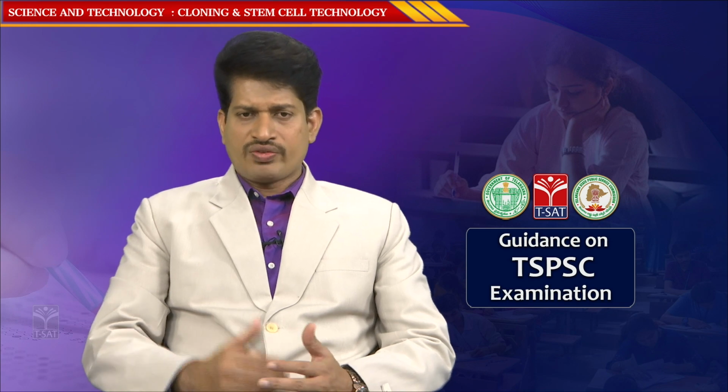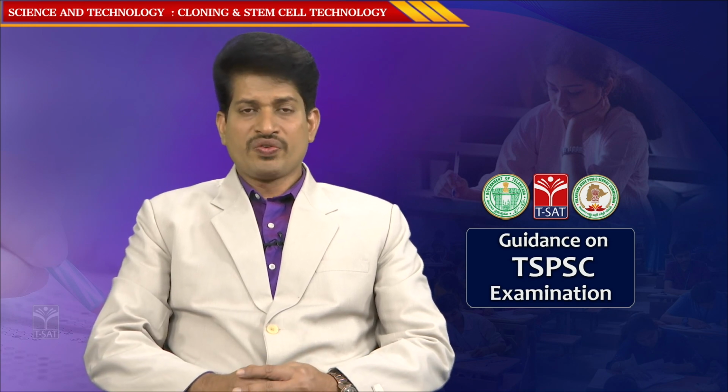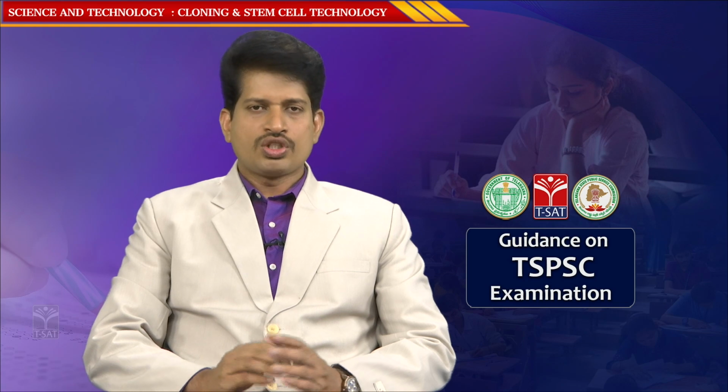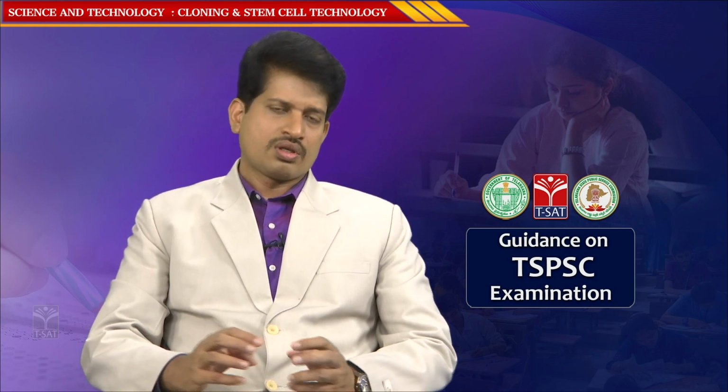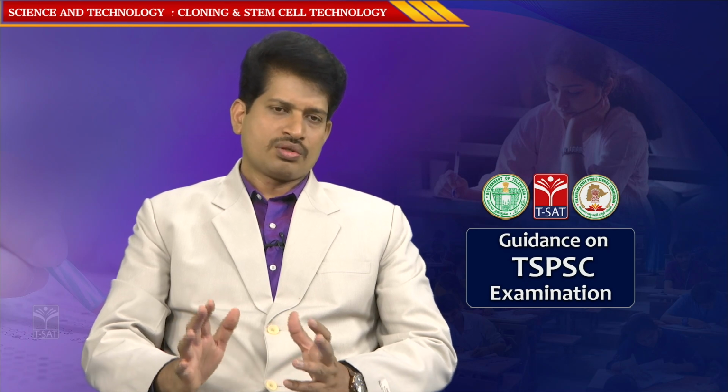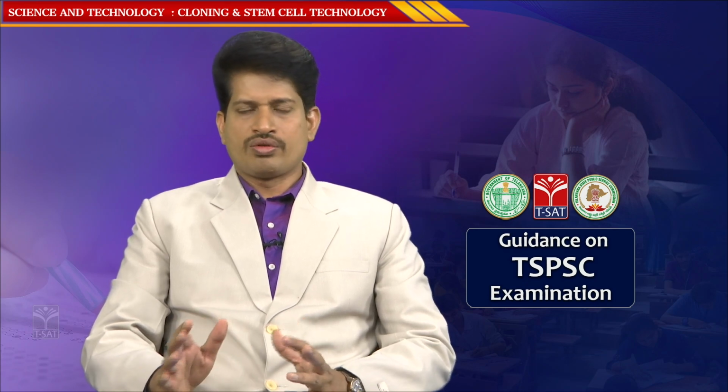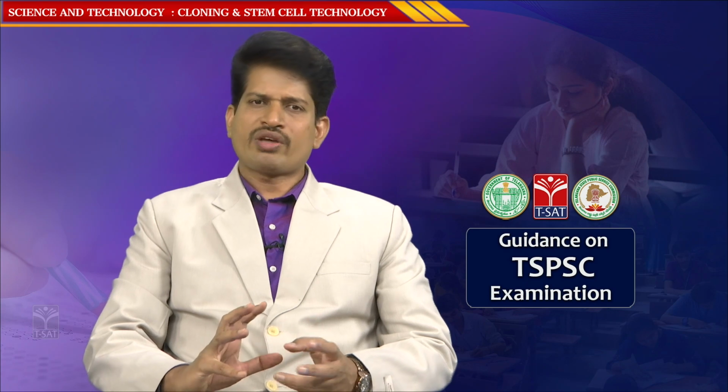So artificial embryo twinning is a deliberate division of a zygote into two. In this process, both individuals develop identically. So this is known as artificial embryo twinning. Cloning is the development of an exact replica.